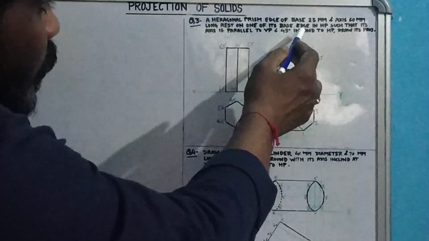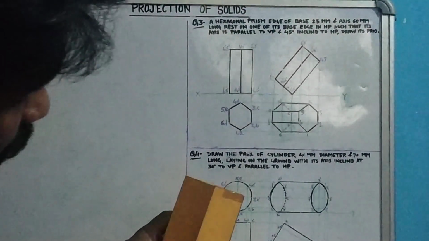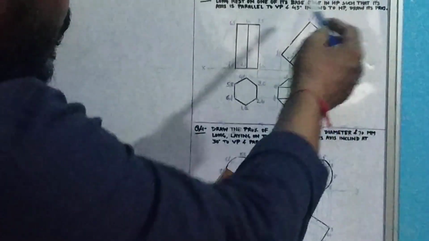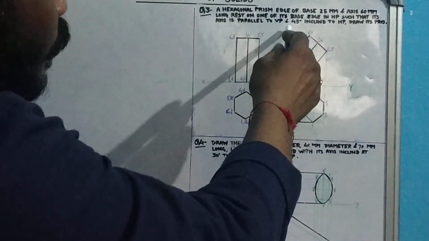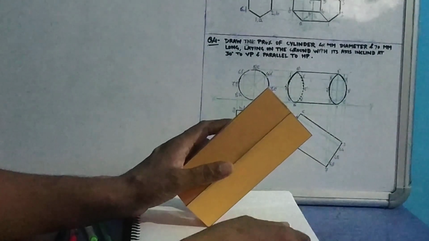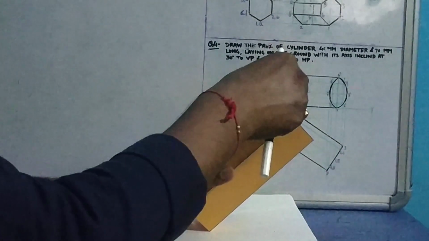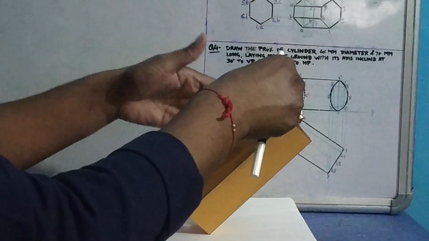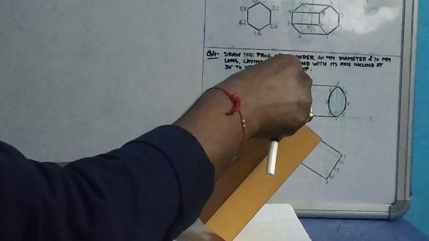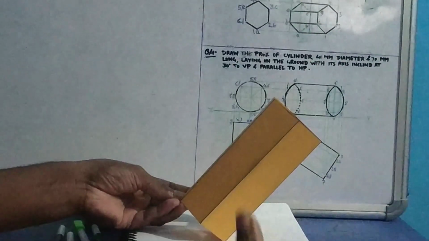So it rests on one of its base edges, in such a way that its axis is parallel to VP and 45 degrees inclined to HP. We have to draw its top view and its front view.